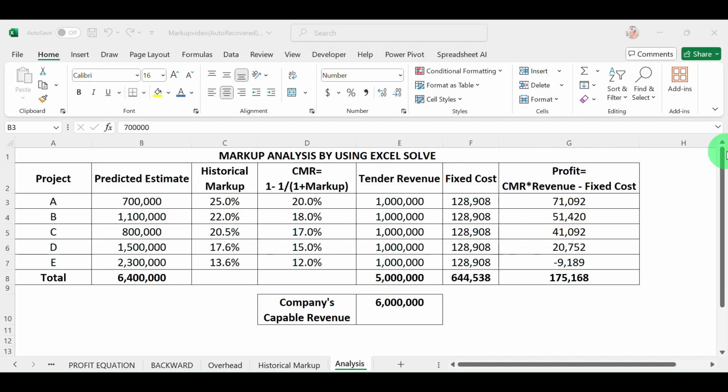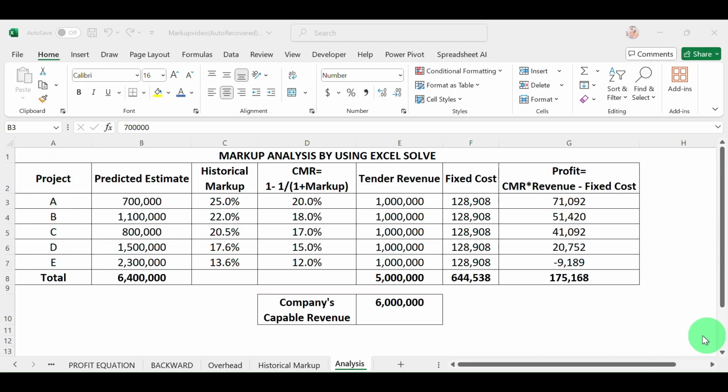In the final session, I will discuss how to use our historical markup to analyze and decide which types of projects and clients we should be focusing on tendering, because when tendering for a project, we have to mobilize many resources, and it's like a dog to the horse if we are unsuccessful.